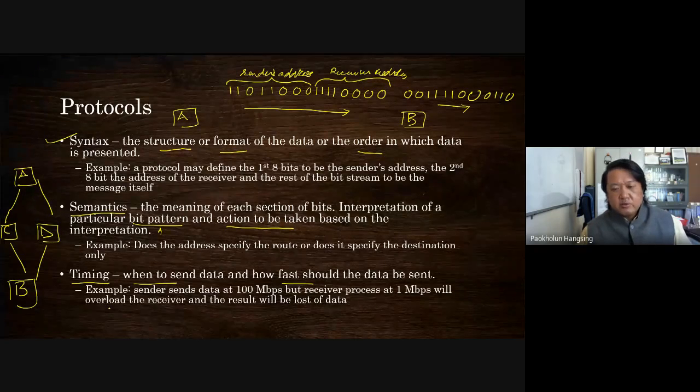The receiver will be overloaded with the data because it comes in at 100 Mbps, but it is processing at 1 Mbps only. If there is overload, then so much data loss will be there. The data which could not be processed will be lost in the transmission process. Therefore, in protocols, these three things are very important: syntax, semantics, and timing.